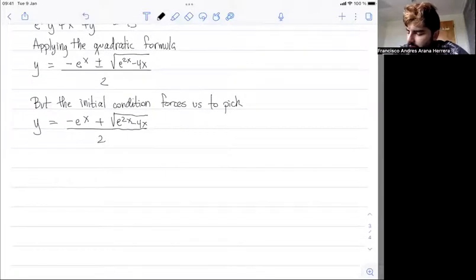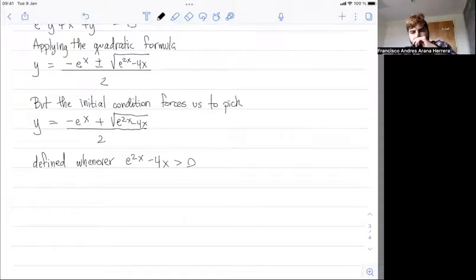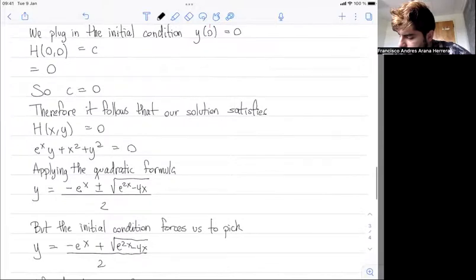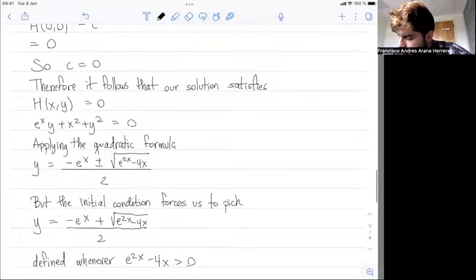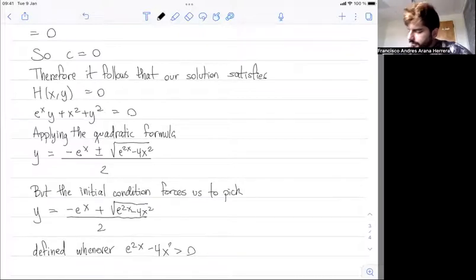And to be 100% clear, we should say that this is defined whenever the thing inside the square root is positive. So whenever e to the 2x minus 4x squared is positive. Sorry, this should be 4x squared, I missed something here. That was a mistake on my part.